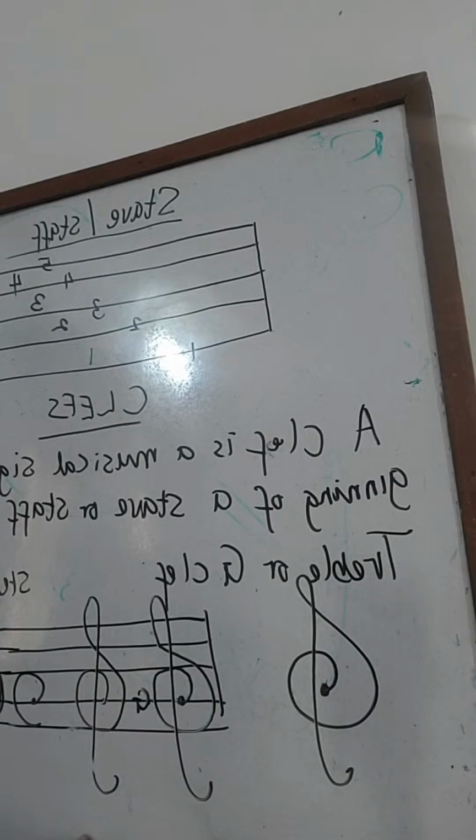Now also the treble clef is used to sing female voices, whether high or low female voices, and it is also used to play musical instruments that have high pitch or that belong to the female voice part. I don't know if you understand what I'm saying now.